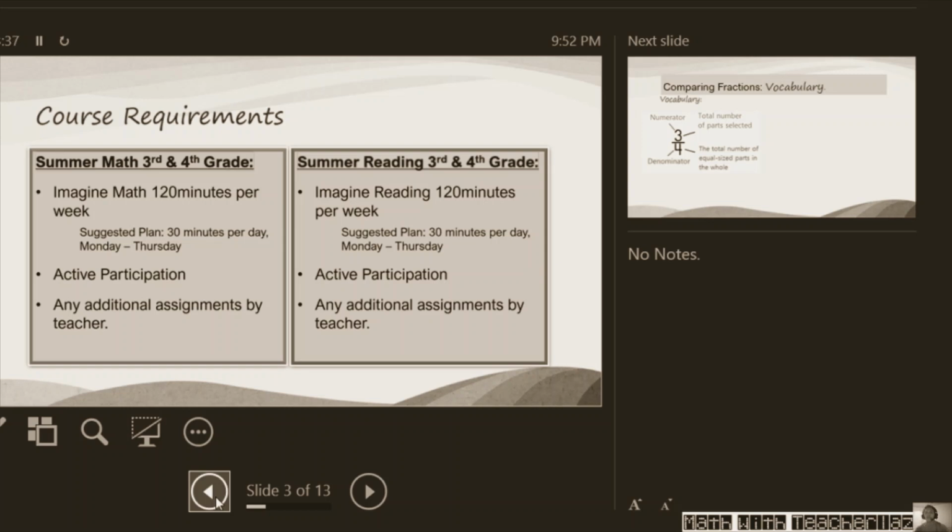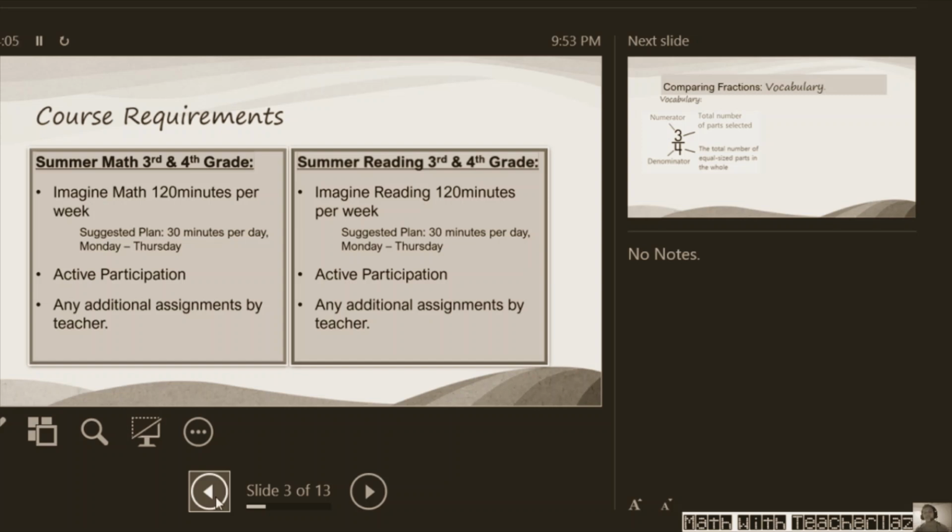So, to pass a summer math class for 3rd and 4th grade, you need to do at least 120 minutes of Imagine Math. 120 minutes is 2 hours, okay? So what I suggest is that you do 30 minutes every day, Monday, Tuesday, Wednesday, and Thursday, okay? That'll be the same as 2 hours. Now, if you don't like my idea and you want to do 2 hours over the weekend, that's your decision, but make sure you get at least those 2 hours.